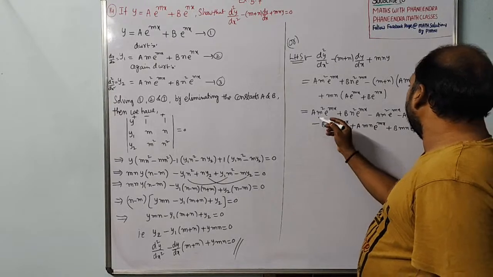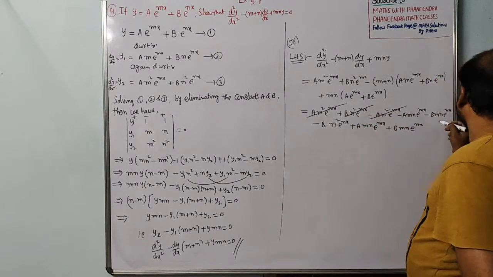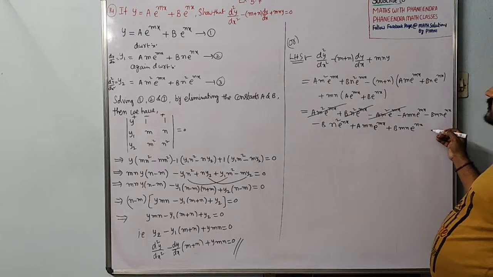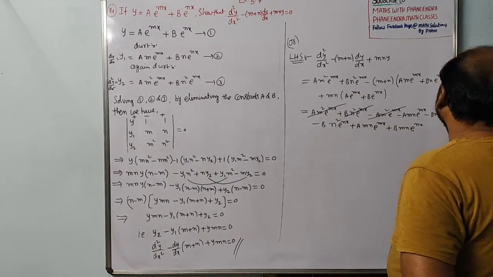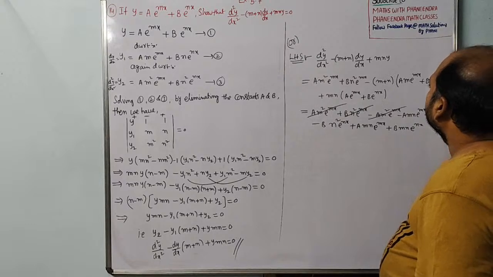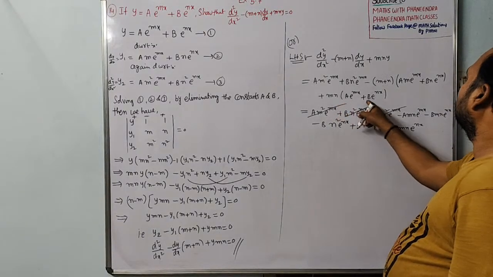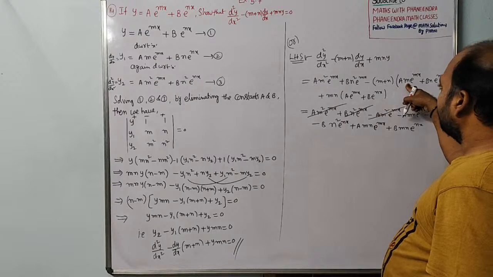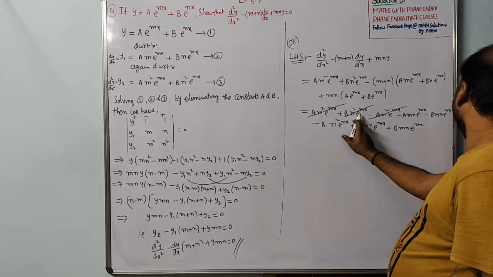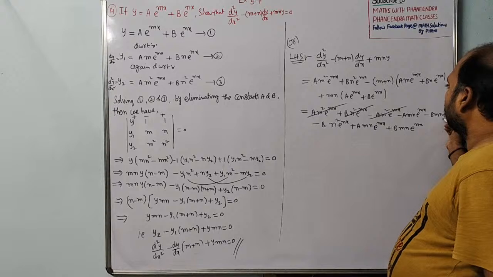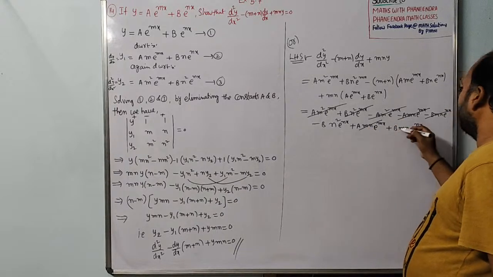So now am square e power mx, am square e power mx cancel, bn square e power nx, bn square e power nx cancel, and these two will be cancelled.